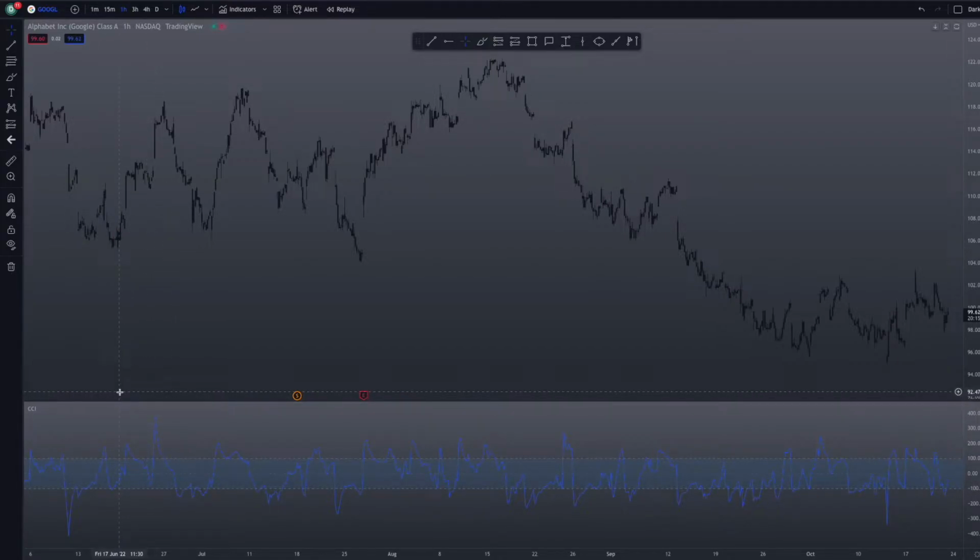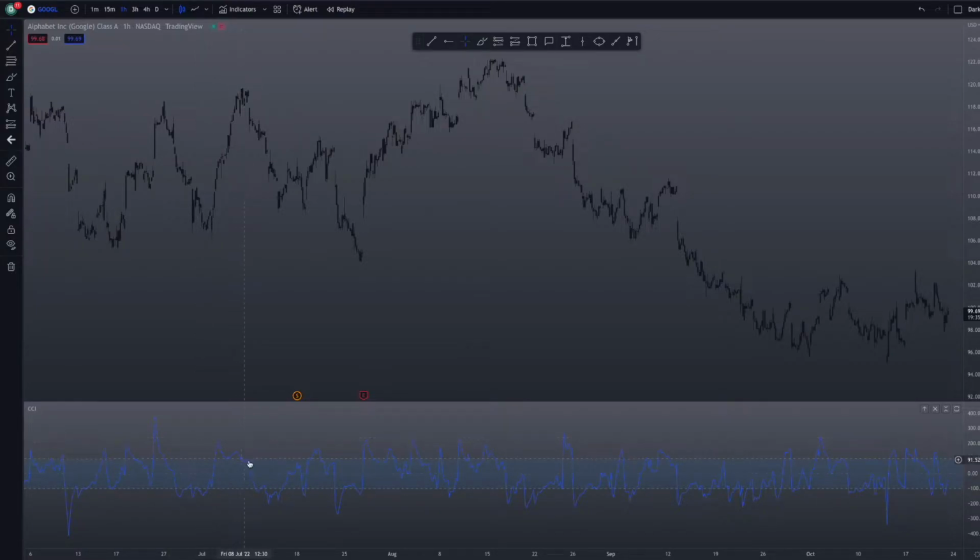100. So the CCI can be thought of in a similar way to the RSI, the relative strength indicator, which we've previously covered. It is an oscillating indicator, just like the RSI, and people use it like the RSI to see when price is overbought or oversold, right?